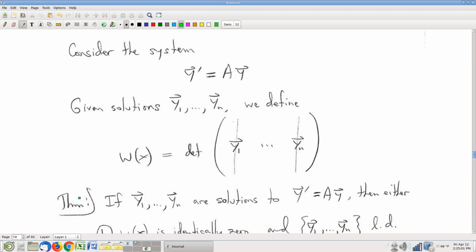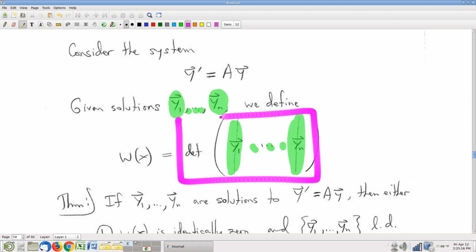And here it is. You just take these vector-valued functions and assemble them. Don't take any derivatives at all. Just assemble them. That makes a matrix whose determinant is our Wronskian. A special case of our generalization on the previous page.